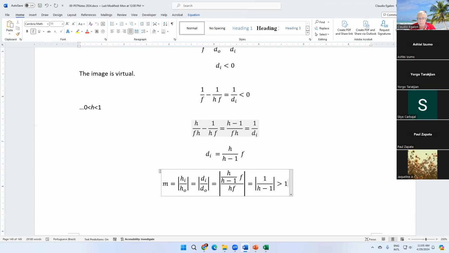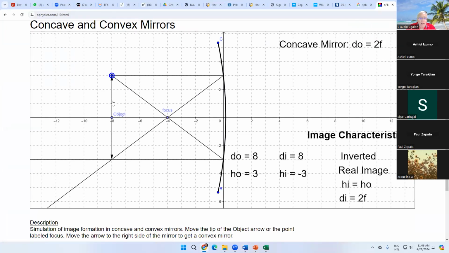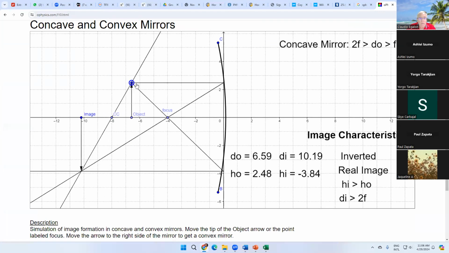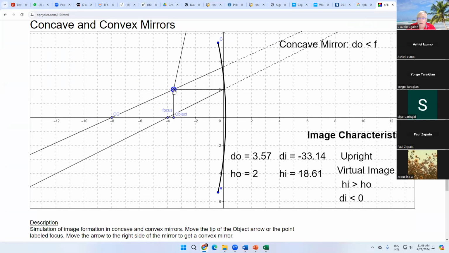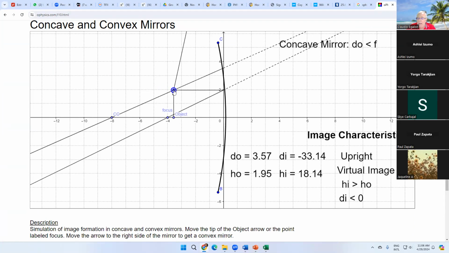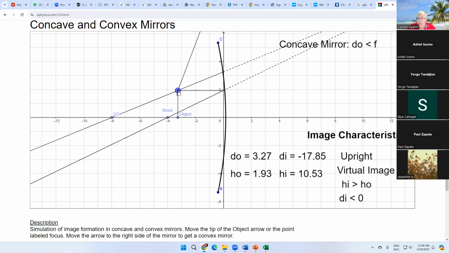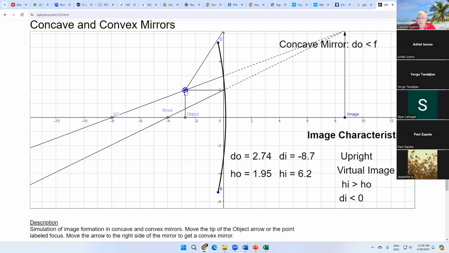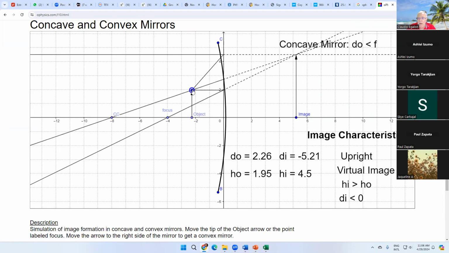Okay? The image is always magnified. That's exactly what we get here, right? As the object is here in this region between the mirror and the focal point, its magnification will always be greater than 1. Okay?